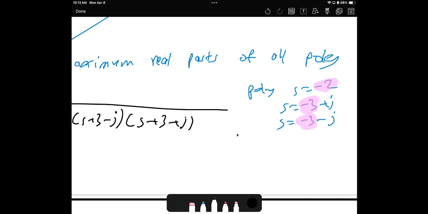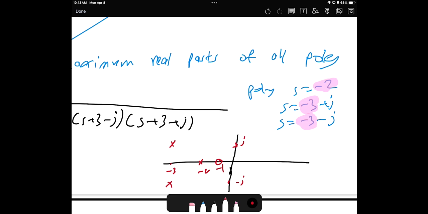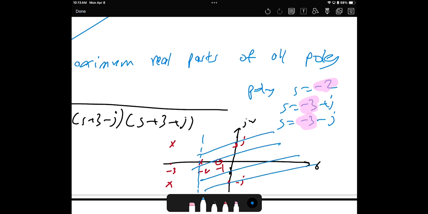Then when we plot this, here is negative 2, and here is negative 3, then we have j and negative j. These are the poles. Then at negative 1, there is a zero. The axes are sigma and j omega. So we can say the maximum is at negative 2, then the convergence region is this. Let's consider it as the convergence region.